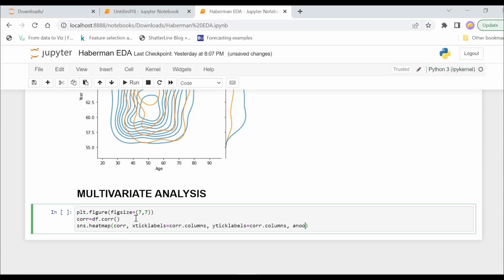I need to see the correlation, right? Just have to see that. And this is done.